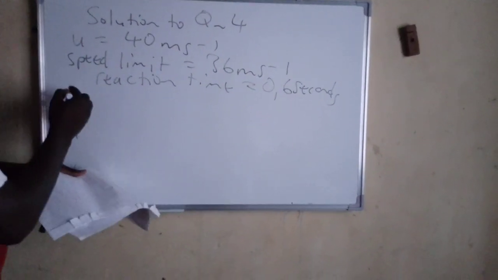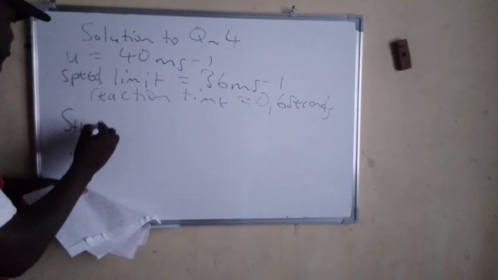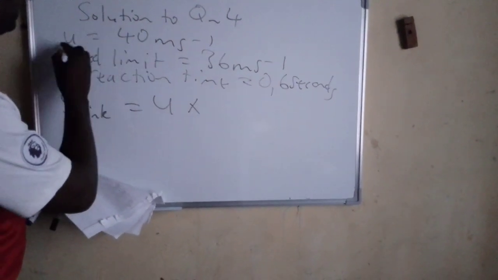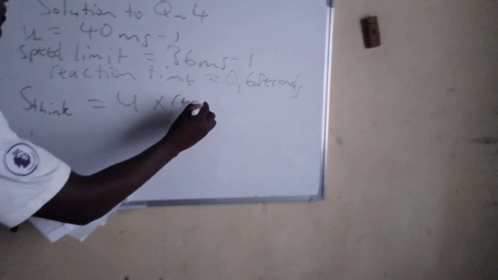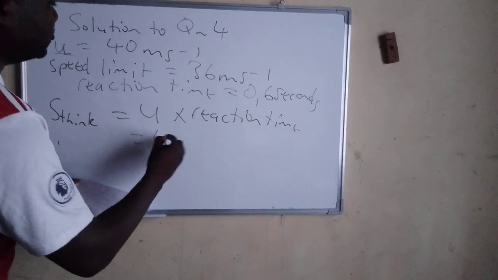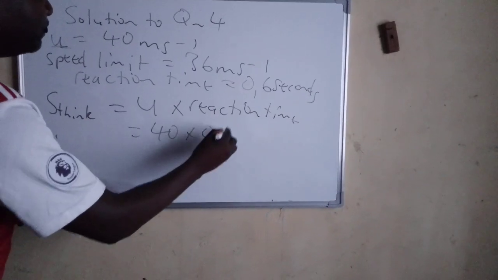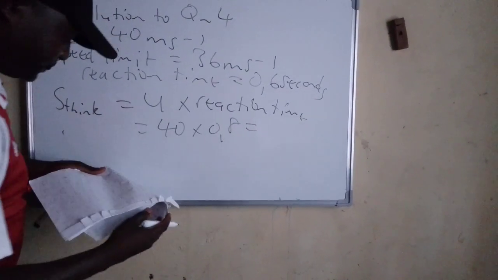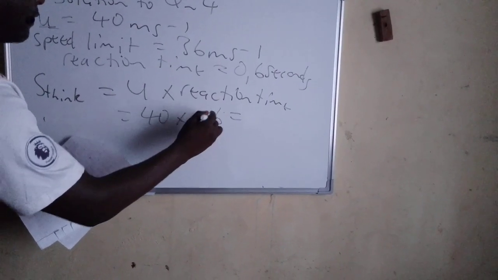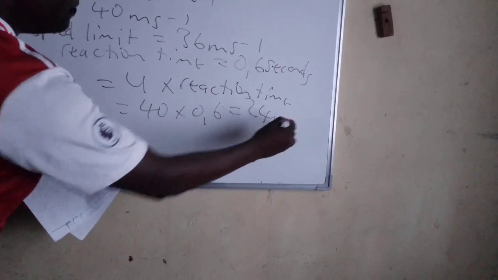So, thinking distance is equal to u times t, the initial speed times the reaction time, which is 40 times 0.6, which is 24 meters.